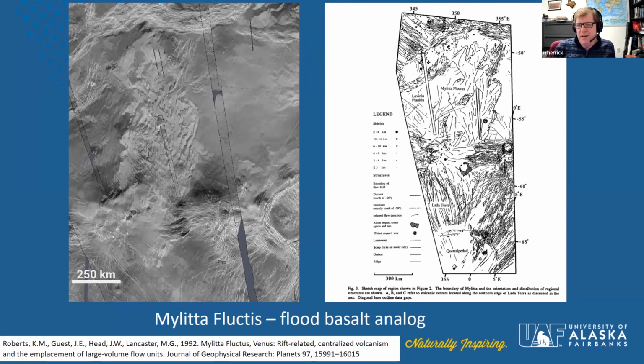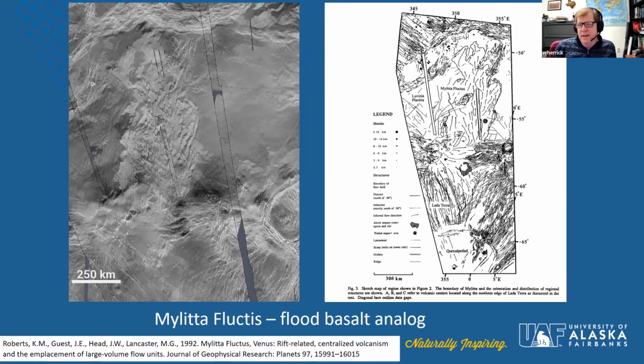Well, we have what appears to be flows that flow over 1,000 kilometers or more over pretty flat terrain, and all coming from a single or very limited number of source regions.